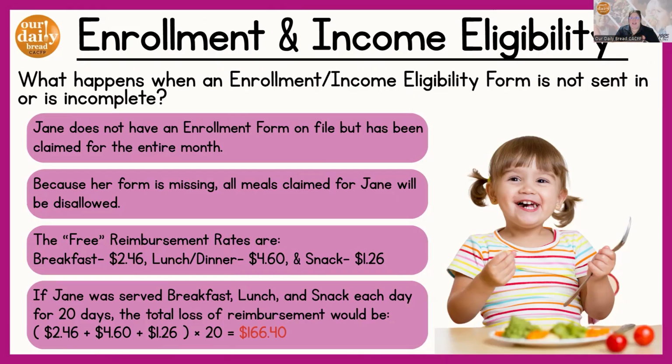And we see that if Jane was claimed for all 20 meals, that is a loss of $166.40. And again, especially in a center, if you're a bigger center and you have 200 children, it's no thing to have maybe 10 children having a missing or expired enrollment form. And these numbers stack. So again, that adds up so quick and really affects your reimbursement.